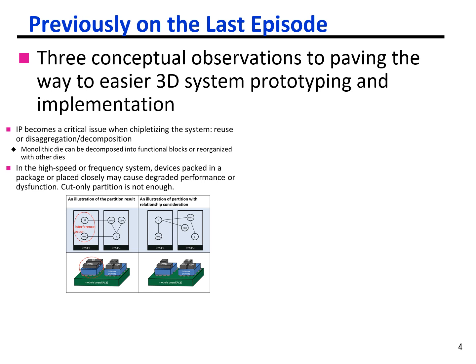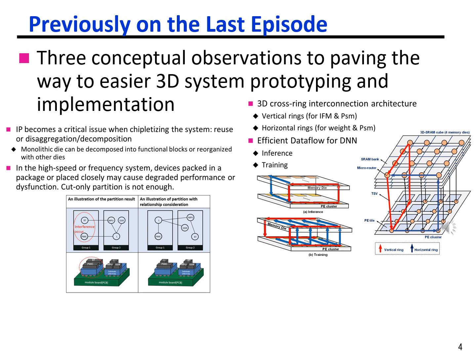At that time, I gave three conceptual observations to try to pave the way for 3D system prototyping. The first is to have a simple way to disaggregate the design, as I mentioned earlier. The second is that, based on the different applications for the 3D system, we proposed efficient data flow, for example the DNN AI accelerator in 3D.